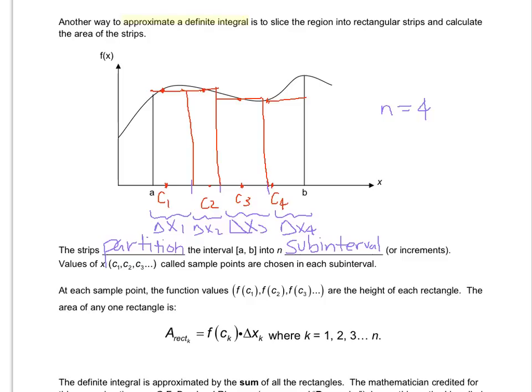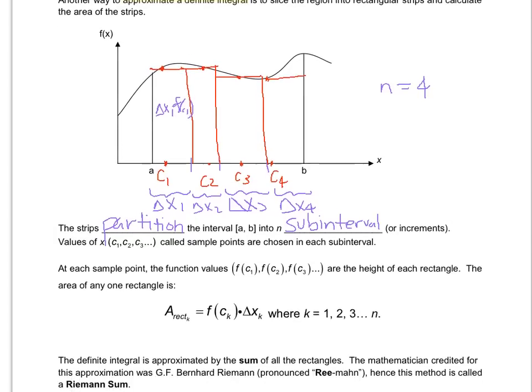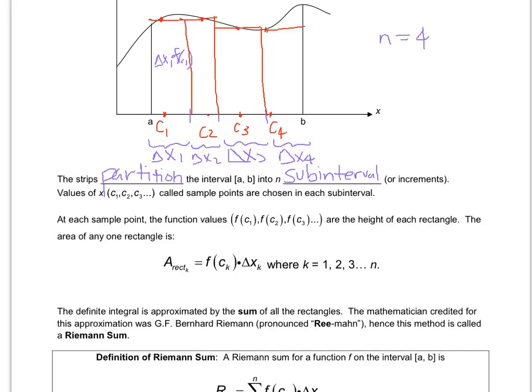Okay, so for the first rectangle, we would do delta x1 times f of c1. And that would give you the height of the first rectangle times the width, which is delta x1. That gives you the area. If you do that for all of them, you would have each individual rectangle area. And this is where we get to this fun-looking little formula down at the bottom.